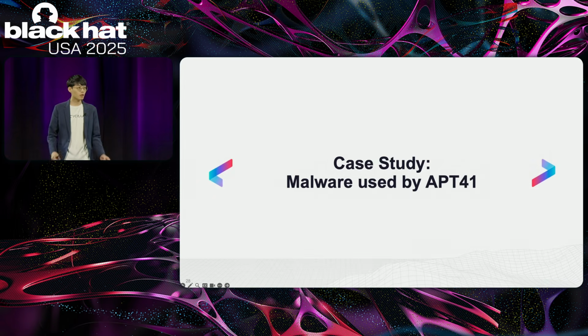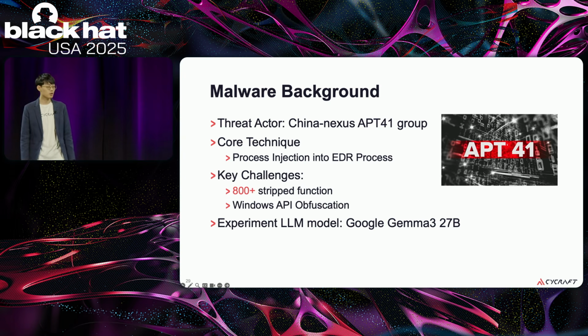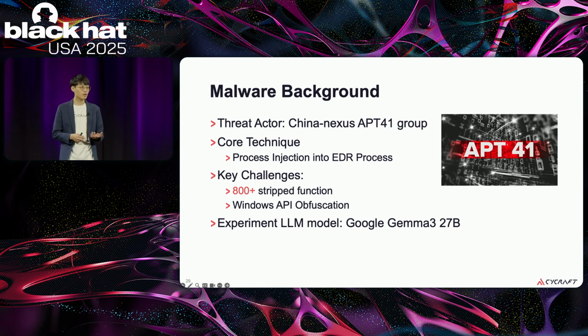OK, so now let me jump into a case study to see how our system works against real-world malware. This malware is from the China Nexus APT41 group. The core technique in this malware is process injection into an EDR process. There are two key challenges.